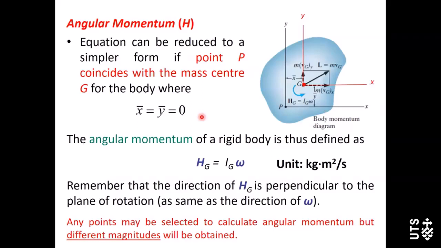Angular momentum of a rigid body about the mass center point G is equal to the MMI of the rigid body about an axis through point G times the angular velocity omega of the rigid body.